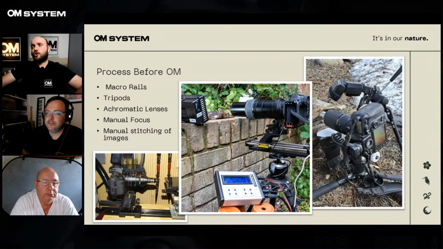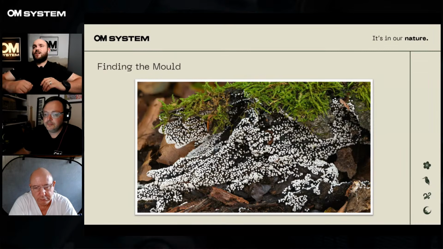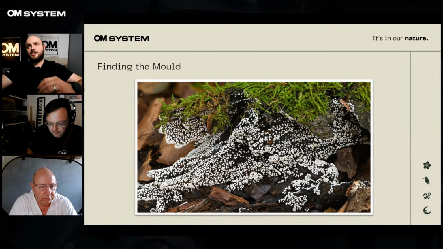So it's always a good idea to remember where we come from to where we are now, as it's quite a contrast of difference. But let's move on to quite a big topic, I think, and that is finding the mold. The best way I would describe this, to give you an idea, is if we were walking through a forest and we had Glenn by our side, I'm sure he'd pick up something within 5 minutes.